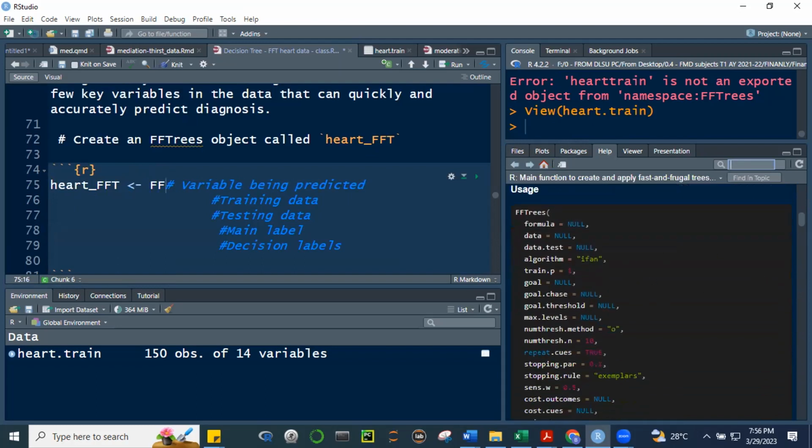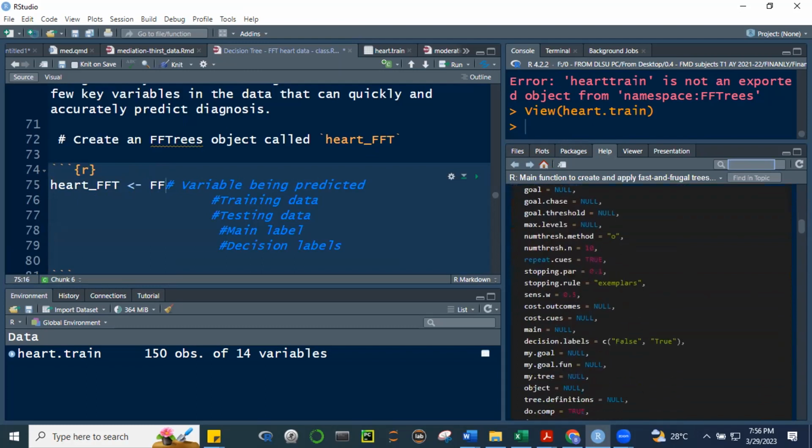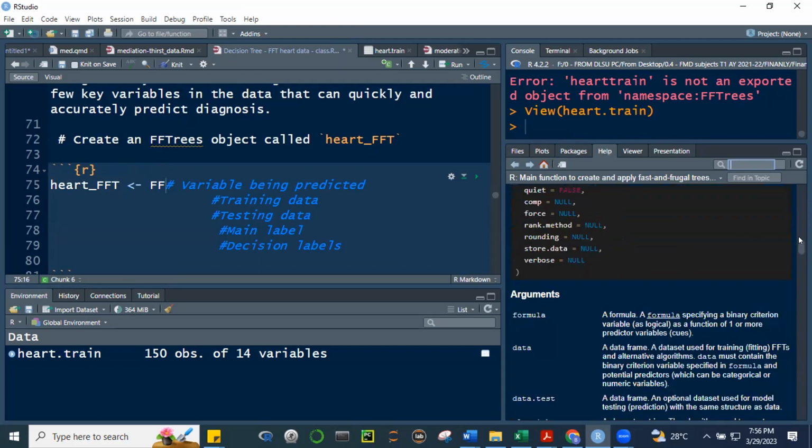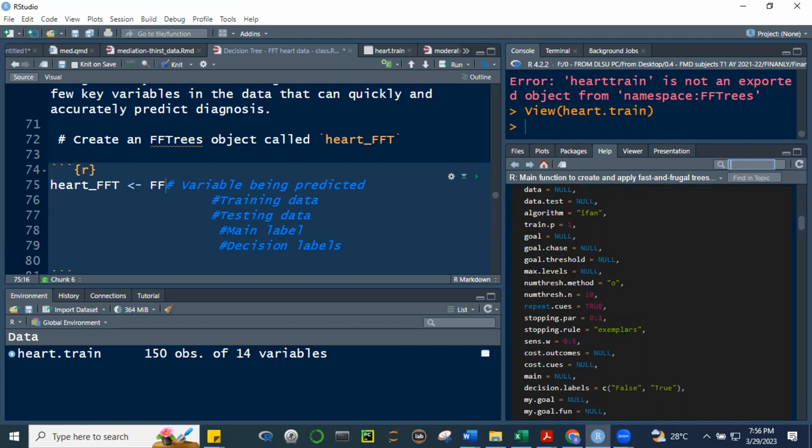Ito yung syntax niya. Alright. In fact, I think, okay. Alright, sige, let's first, ang ano natin will be yung formula natin. Ano yung formula natin? What will be our formula?